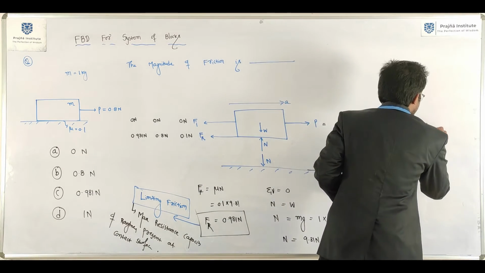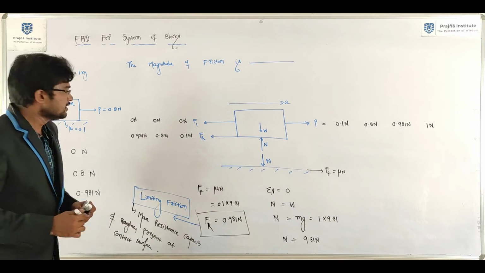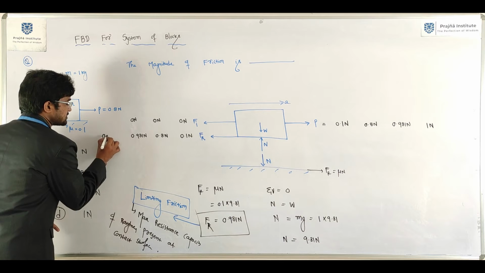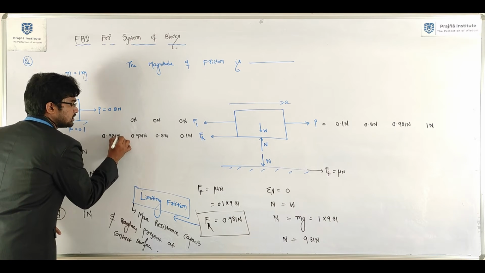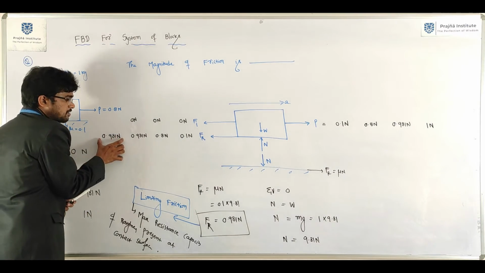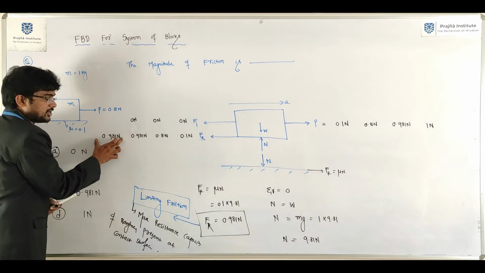Now I applied 1 Newton. In this case, what is the resistance offered by the roughness present at contact surface? 0.981 Newton only. It is the maximum capacity of roughness present at contact surface, 0.981.